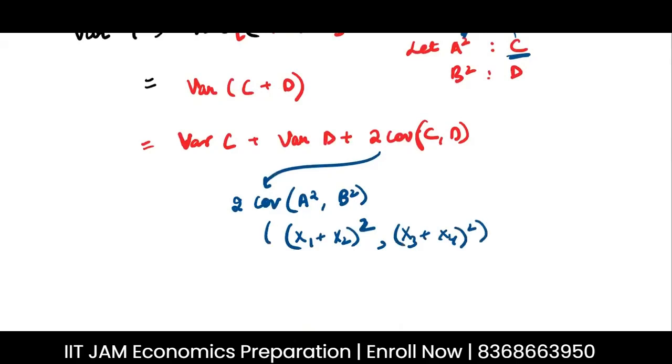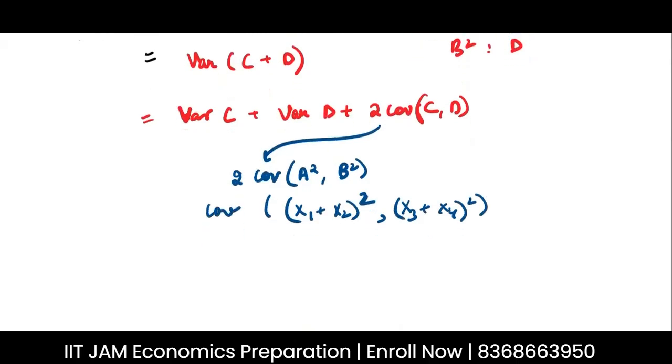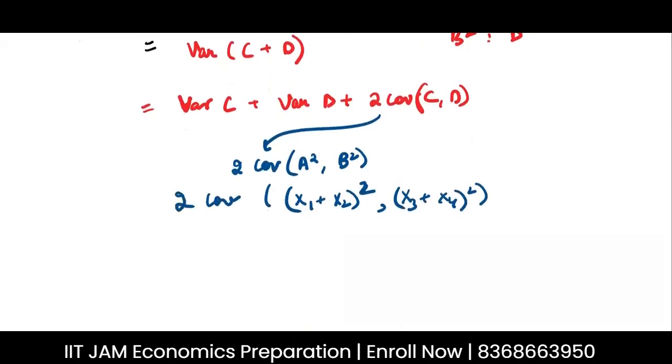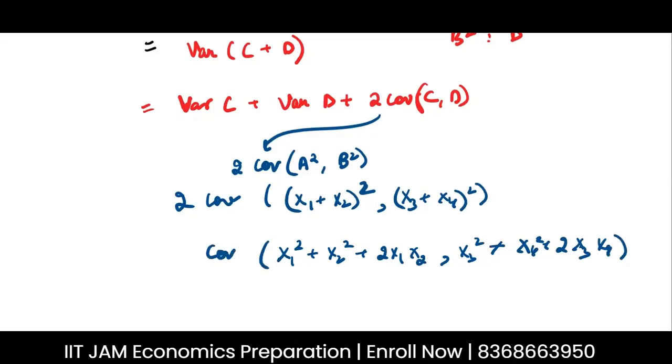Covariance. So now X1 plus X2 whole square will be X1 square plus X2 square plus 2 X1 X2, and X3 square plus X4 square plus 2 X3 X4.